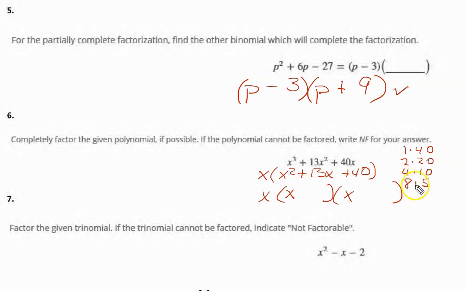And you see this is the combination, 8 times 5. And since they're all plus, all of these will be plus. And as you check your work and FOIL this, you get that, and multiply through by x, you get this. Okay, let's go on.